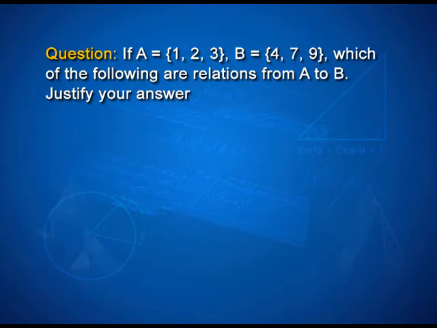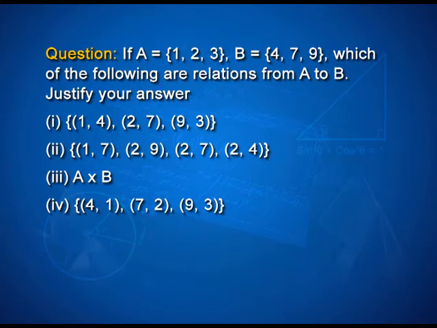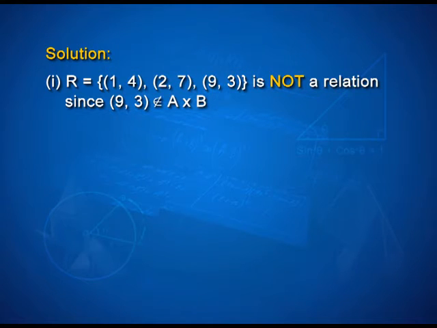Set A is {1, 2, 3}, set B has {4, 7, 9}. Which of the following are relations from A to B? Also justify your answer. So, if you see here, I have this part 1 which has (1, 4), (2, 7), (9, 3) in a set. Is this a relation? For this set to be a relation, you must make sure that it is a subset of A cross B. At the same time, each element of this relation must be an element of A cross B as well.